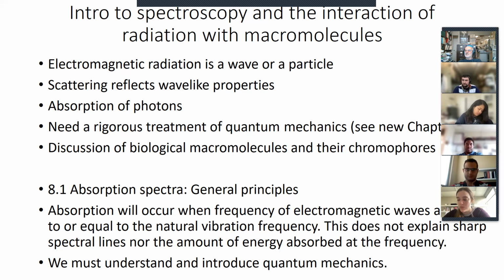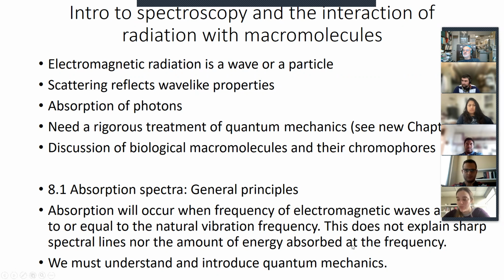So when light hits a particle, partially it's scattered, but it also might be absorbed, okay? And so this simple dichotomy is a reflection of the physics that electromagnetic radiation is a wave and a particle. We can think about it as a wave, or we can think about it as a particle.